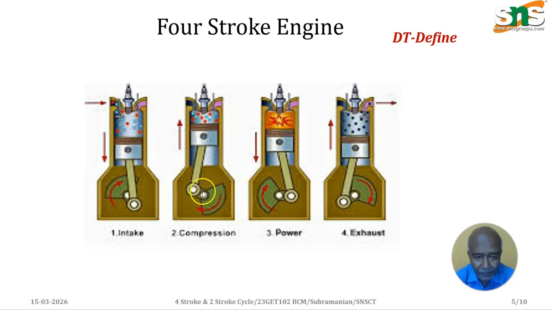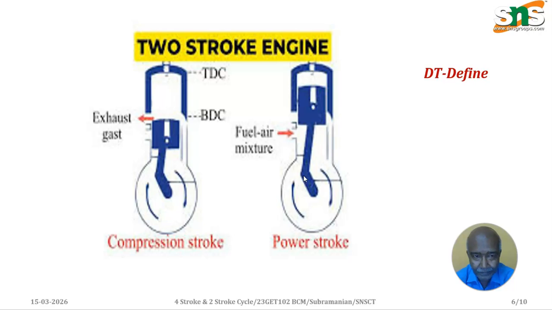When it rotates the second half of the revolution, the air-fuel mixture will be compressed, and fuel is injected into the cylinder, and then we get the power stroke. In the power stroke, it hits the piston from the TDC to BDC. In the last, fourth half of the revolution, the piston moves from the BDC to TDC, such that the burned gas escapes outside.